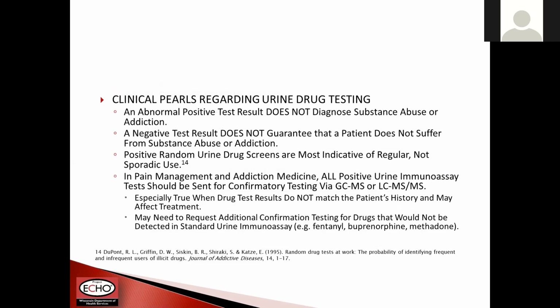You want to talk to me about it?" And then they go, "Yeah, I didn't think it would come back. It's been like 3 or 4 days. I didn't want you to find out." A lot of times these patients will admit to it after the fact when it comes back positive. You may need to request additional confirmation for things that you didn't test for after the fact if you're concerned, for example, fentanyl, buprenorphine, or methadone.